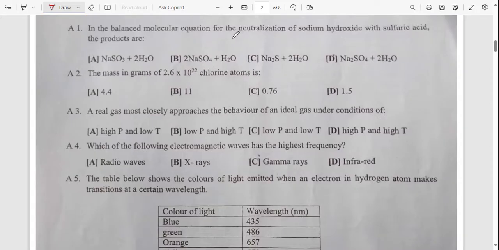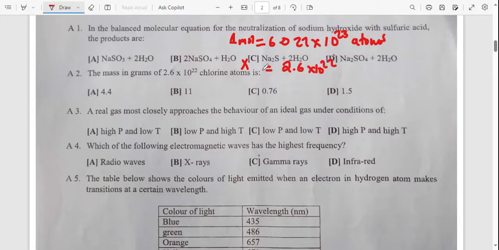One thing you need to know is that 1 mole of something is equal to 6.022 times 10 to the power 23 atoms, particles, molecules, ions, and everything like that. This is the Avogadro's number. Now we want to find how many moles are in this number of atoms, which is 2.6 times 10 to the power 22.